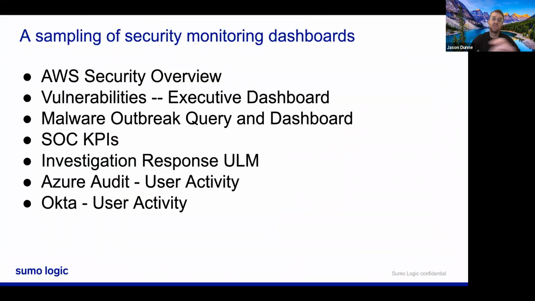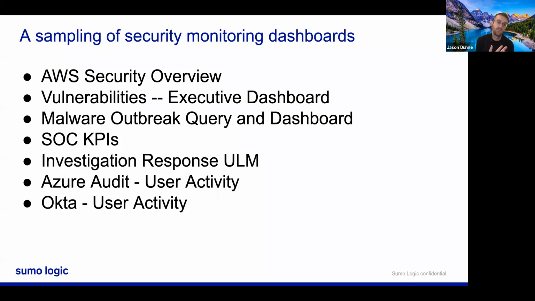So as I mentioned, these are various security monitoring dashboards that are available within either the app catalog or from a professional services team for more one-off engagements. So you have the option of seeing more of an overarching view of your AWS security data. You also have vulnerabilities.